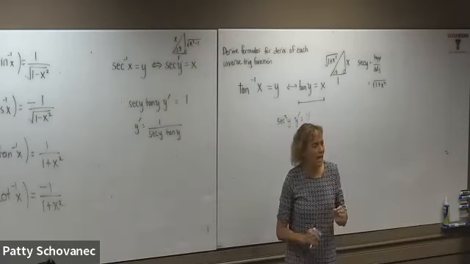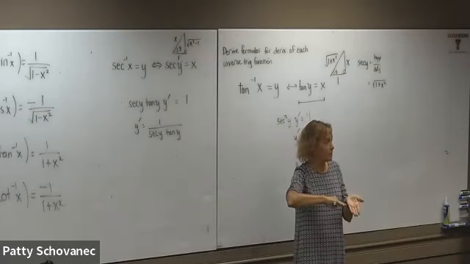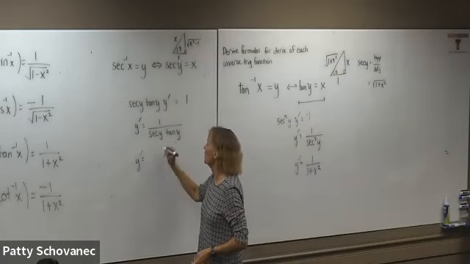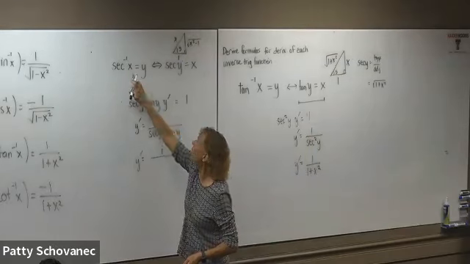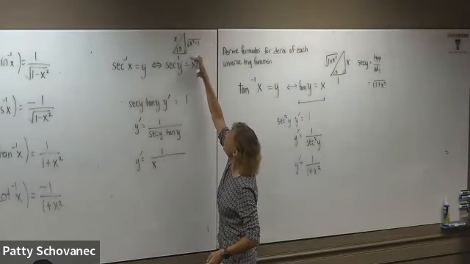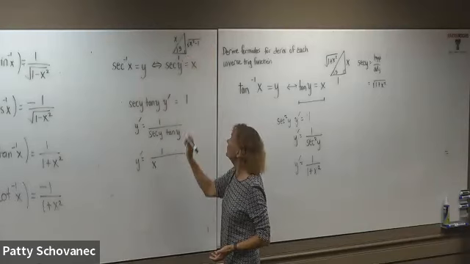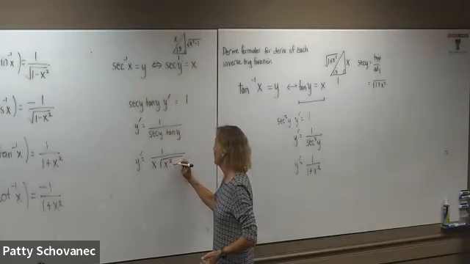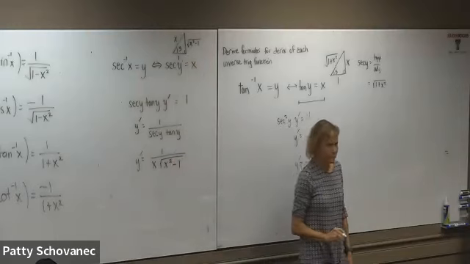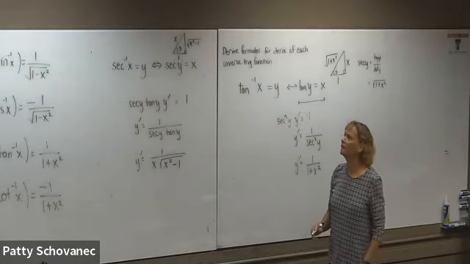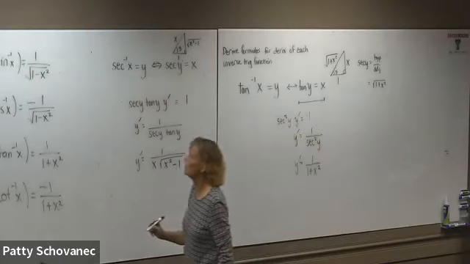From that picture, the tangent is opposite over adjacent. So now let's fill that in. y prime is 1 over, the secant of y is just x. The tangent of y is that side over that side, but that's just a 1. So I have this right here. Okay, there's the derivative of the inverse secant.